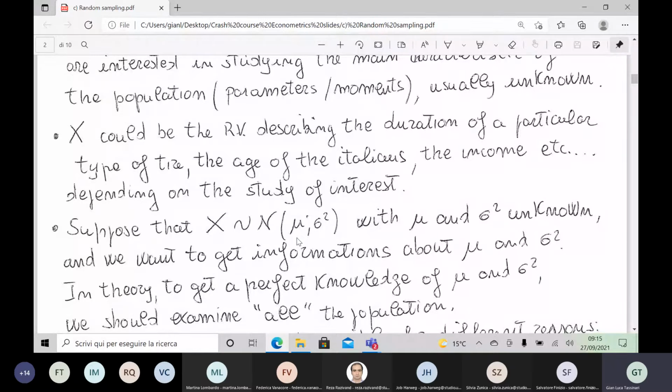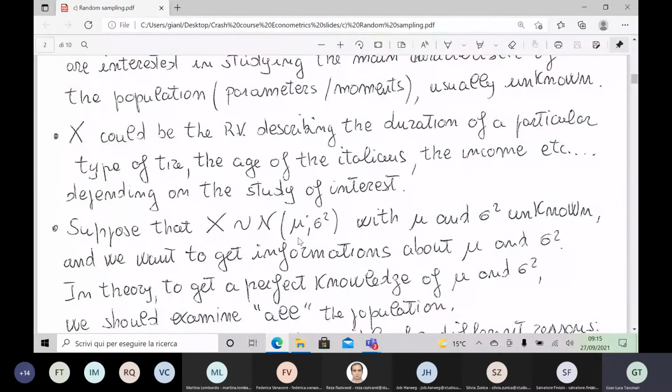Then you make the sum, divide by their number, and you get mu. But this is unfeasible, because continuously new tires are produced. So the expected duration of a Pirelli tire is mu, but it's unknown.